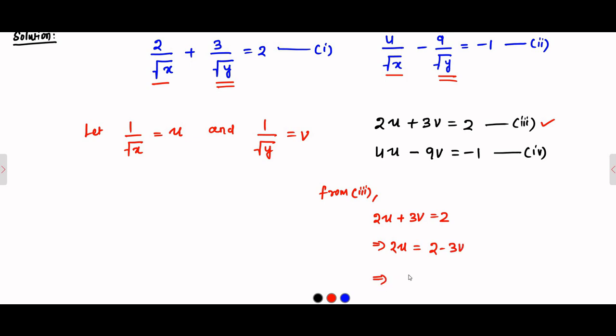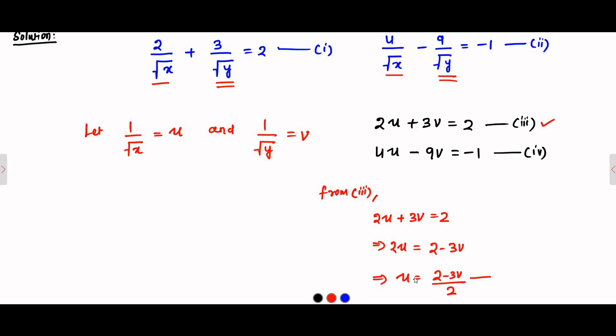That implies u is equal to 2 minus 3v by 2. Okay, we have represented u in terms of v. You could have done the other way around also. You could have written 3v is equal to 2 minus 2u, v is equal to 2 minus 2u by 3. That also is correct. Whatever, our objective is to represent one variable in terms of the other and then substitute it in the other equation.